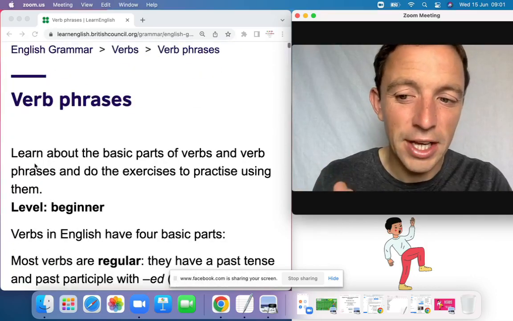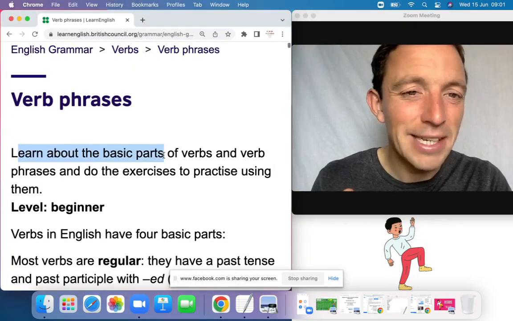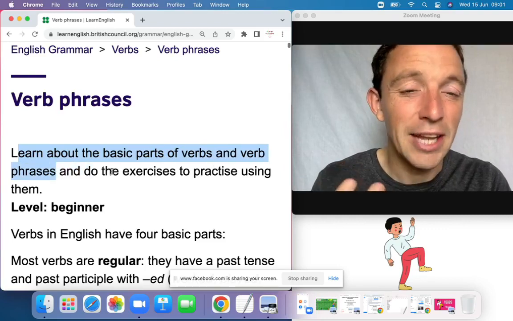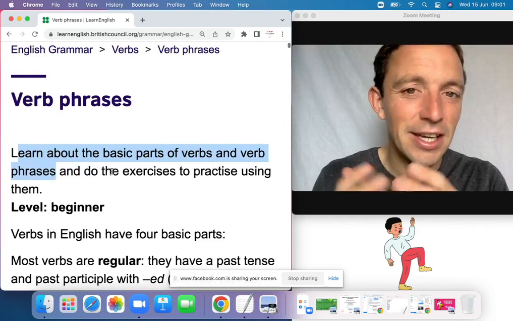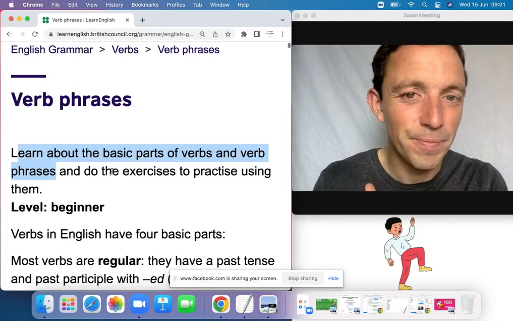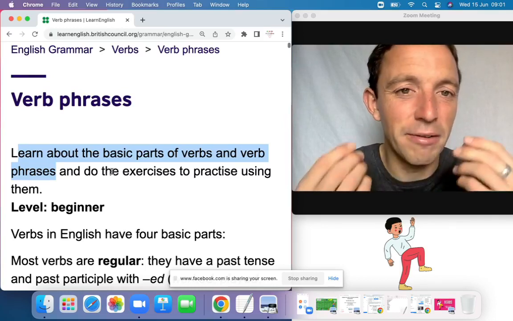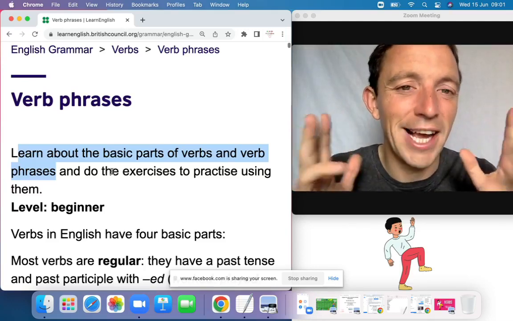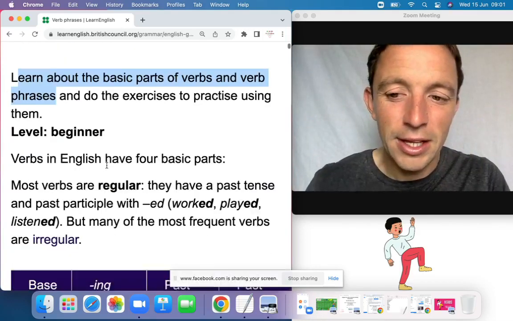Okay, first, learn about the basic parts of verbs and verb phrases, and also do the exercises to practice them below. Okay, so it's just an explanation of the basic parts of verbs and also the verb phrase, a little technical. So, level beginner.